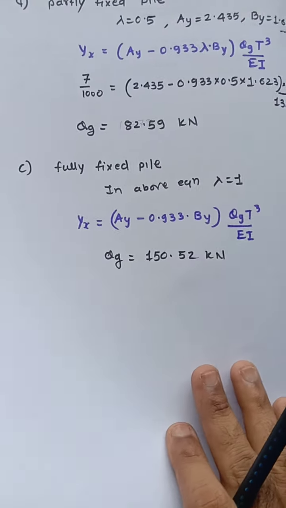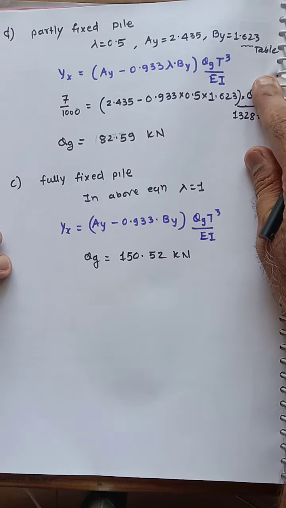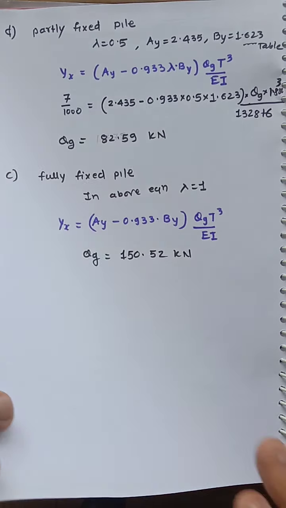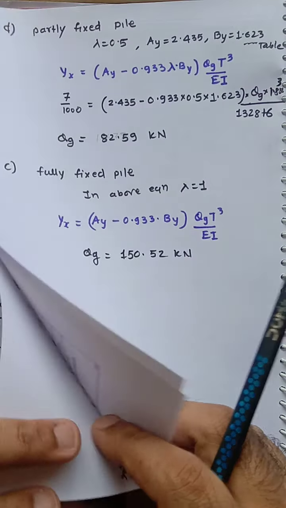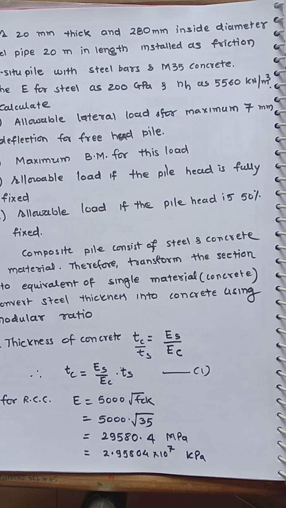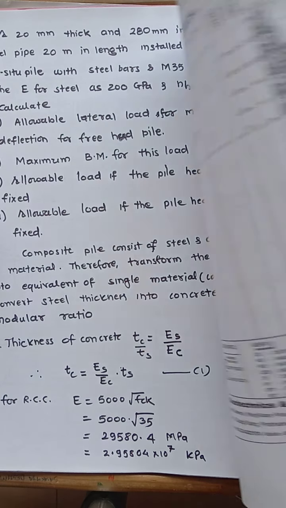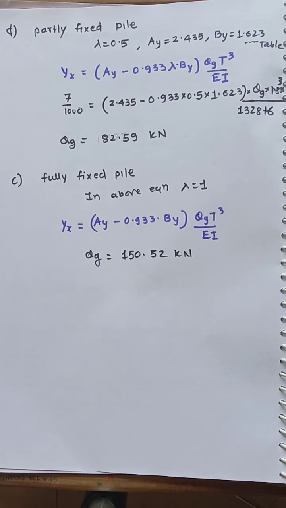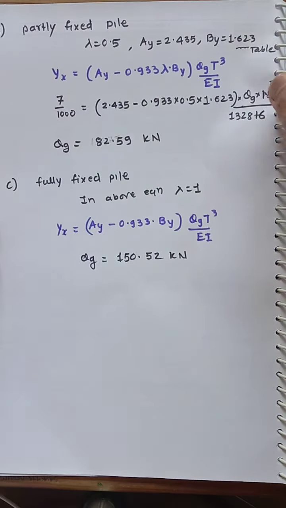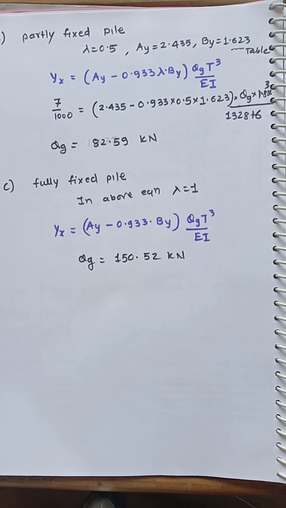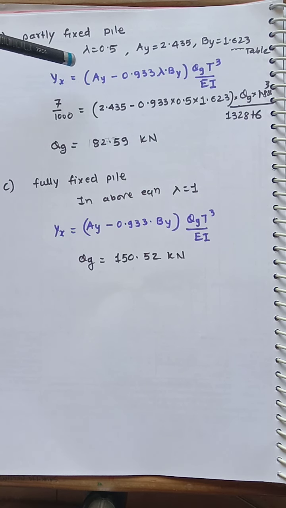So at 2.64 meter the bending moment is maximum, that is 43.93. The next part of the question asks: what is the allowable load if the pile head is fully fixed, and the allowable load if the pile head is 50% fixed. Let us start with the 50% case first. For a partly fixed pile, you know the expression Ay − 0.93 λ By.